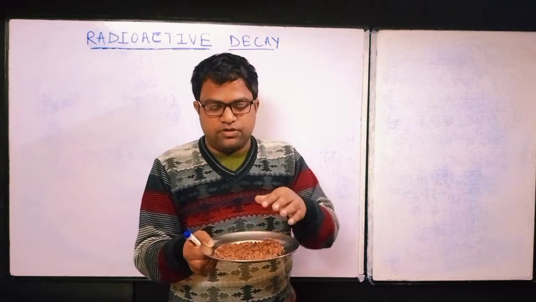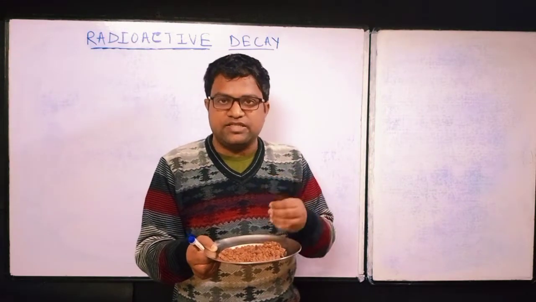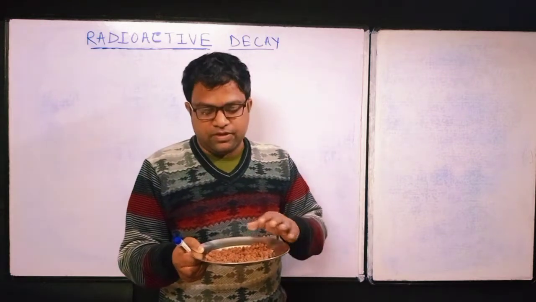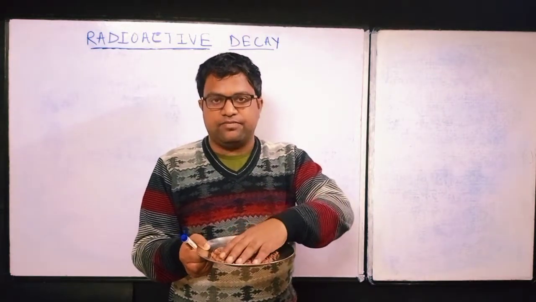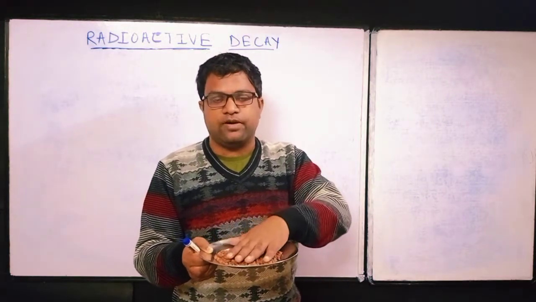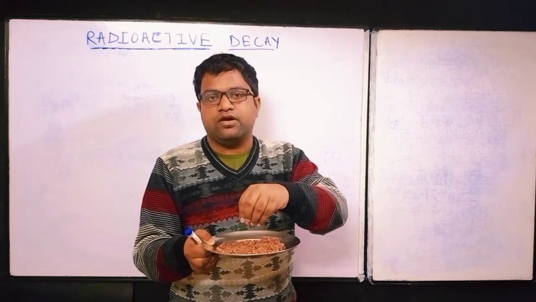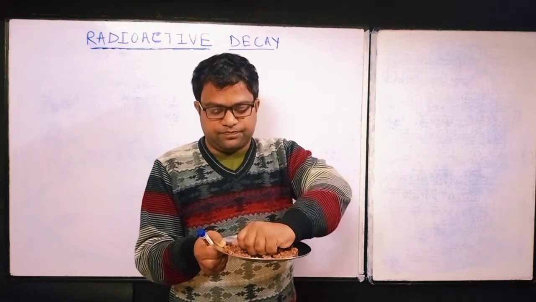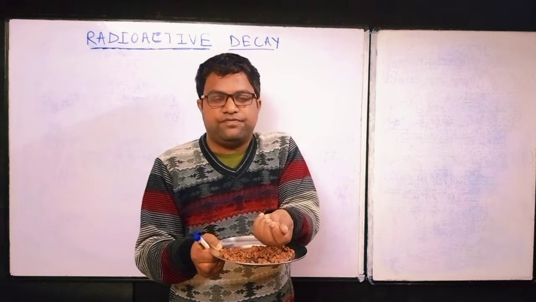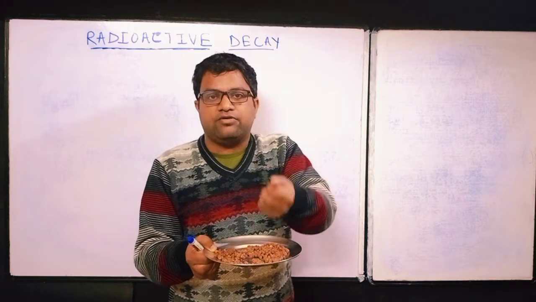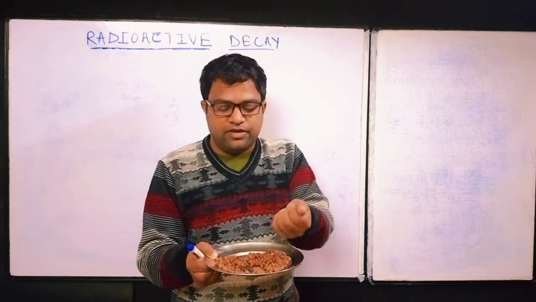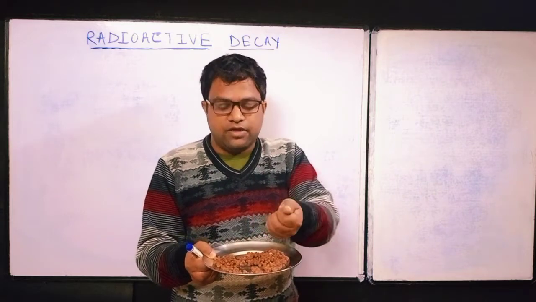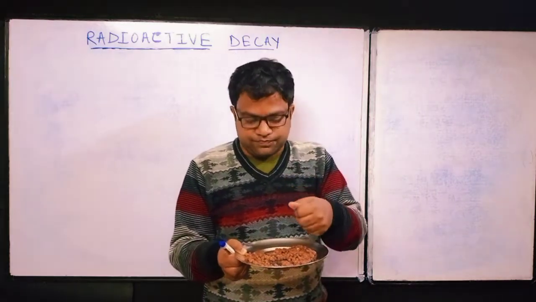So we'll study the rate of disintegration: let's say initially N0 nuclei are there. Now after time t we'll calculate how many nuclei are there. So basically we'll calculate their rate, right?